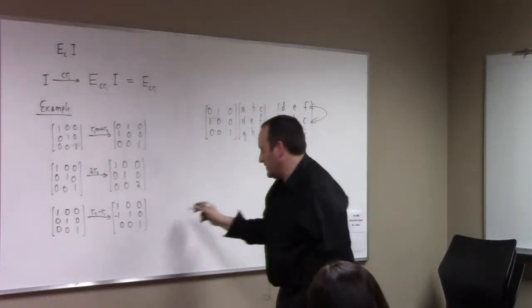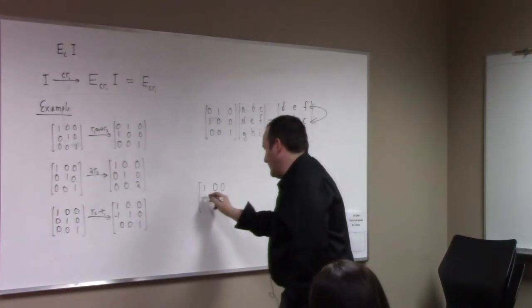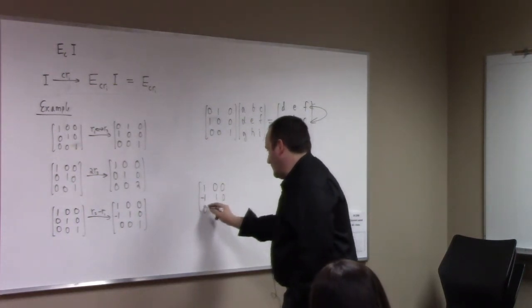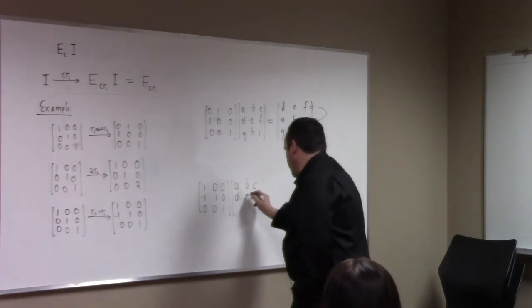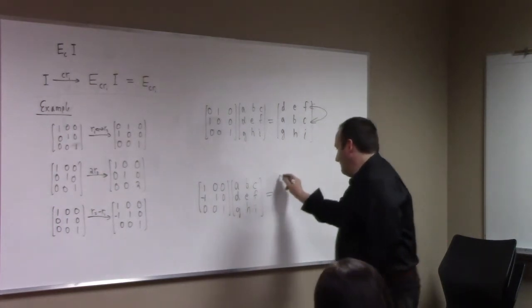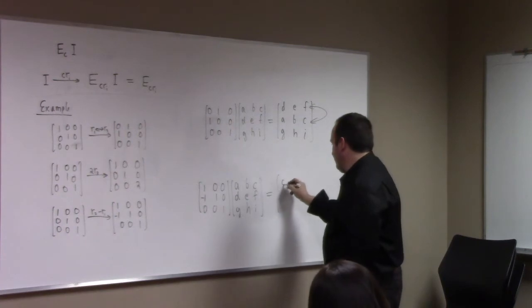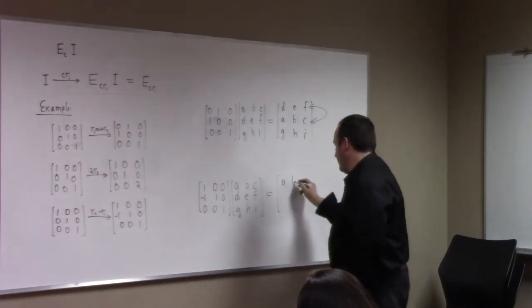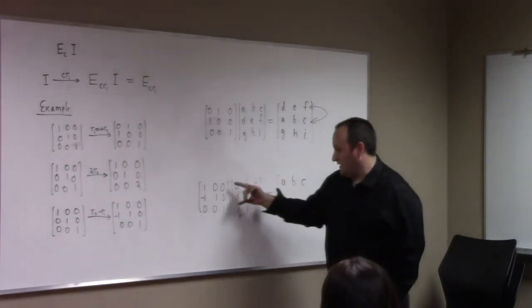Let me do this one down here. I'll do the third one. 1, 0, 0, minus 1, 1, 0, 0, 0, 1 times the matrix A, B, C, D, E, F, G, H, I, for lack of imagination. So what happens? You get your A, you get your B, you get your C for the top row. In the middle one, what do we get?